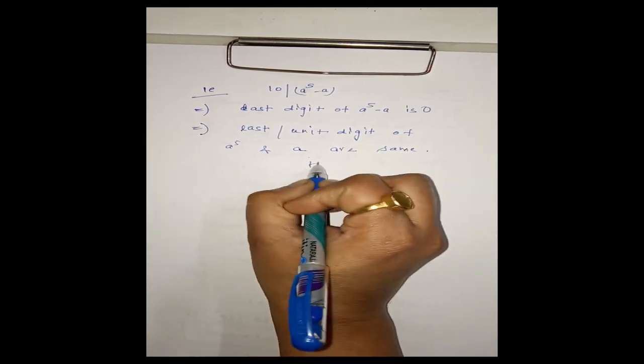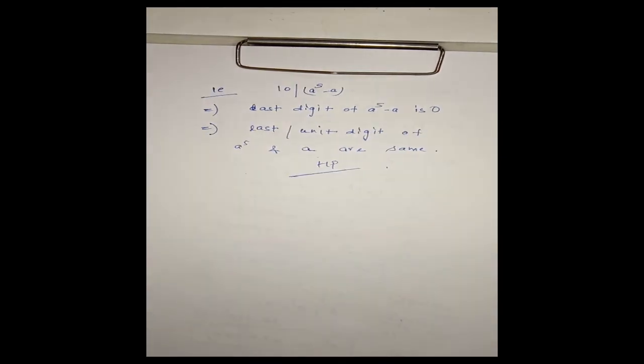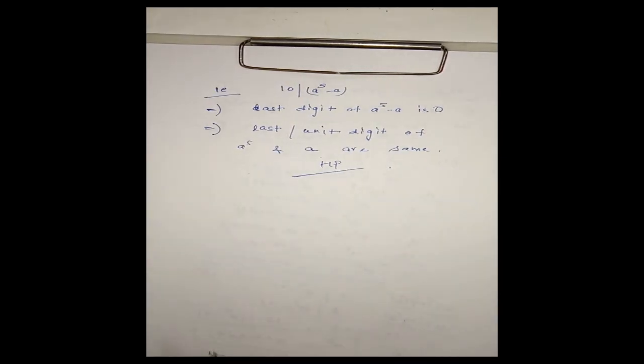Clear? Hence proved. Means for any integer a, the last digit of a power 5 and a are the same. Hence proved. Clear?